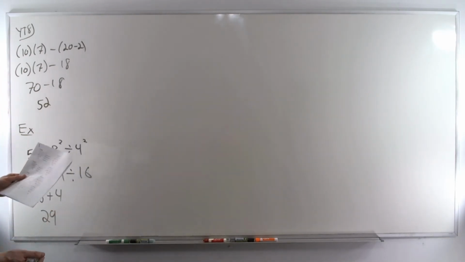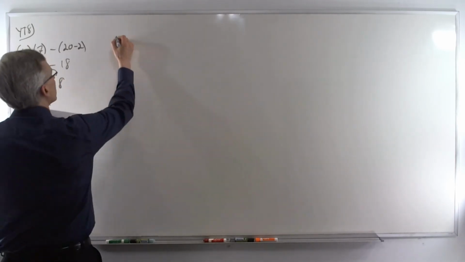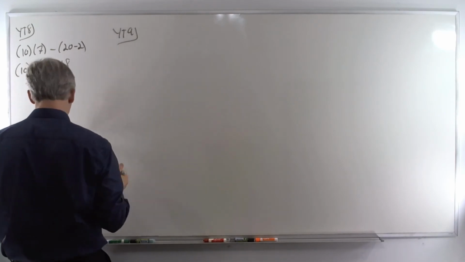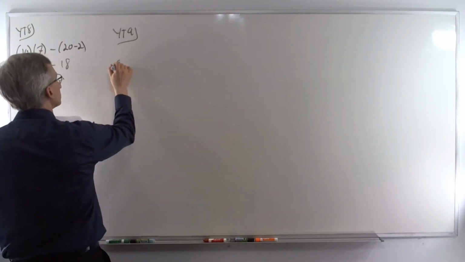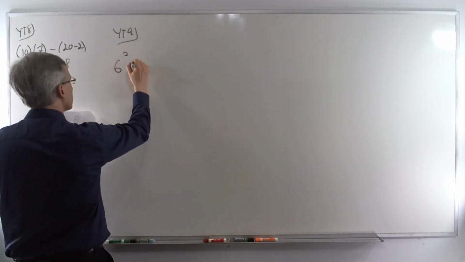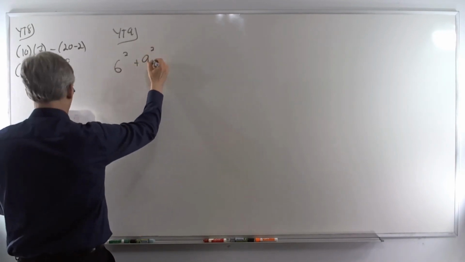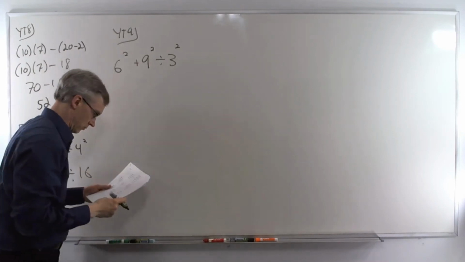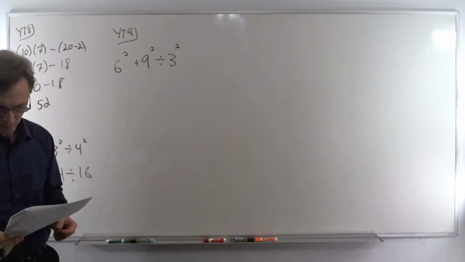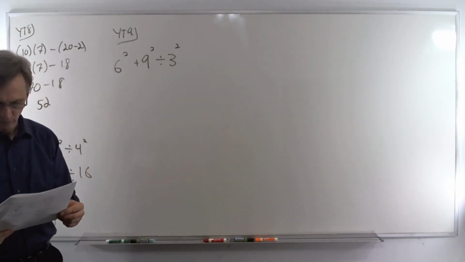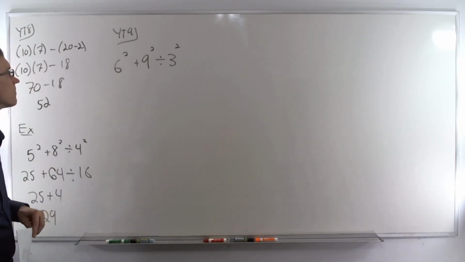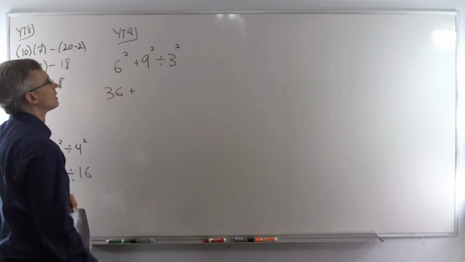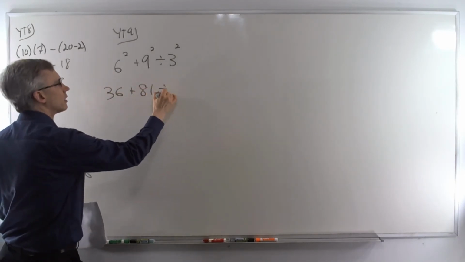All right, your turn, number 9. So 6 squared, that is 36. 9 squared is 81.